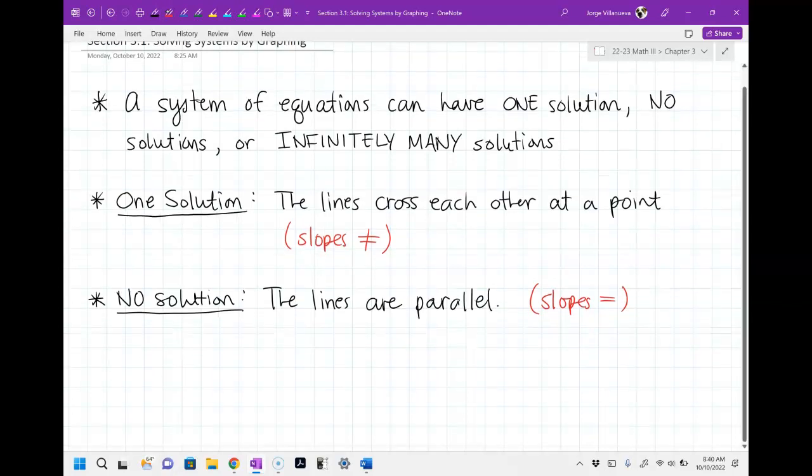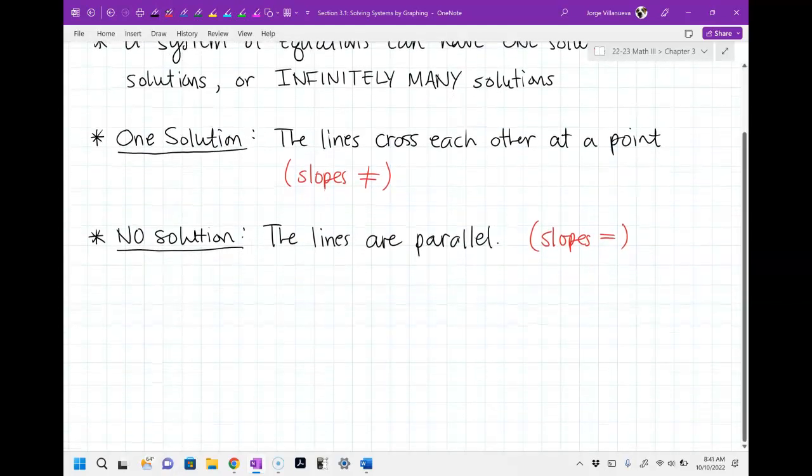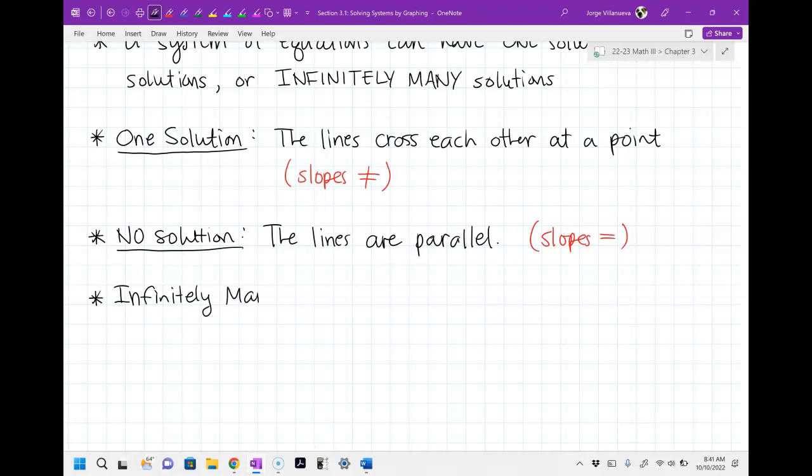Okay? So then how do we find infinitely many solutions? We normally abbreviate that IMS. Okay, now I'll write that right now. Infinitely many solutions. Okay, the lines, or let me put it right here in green.